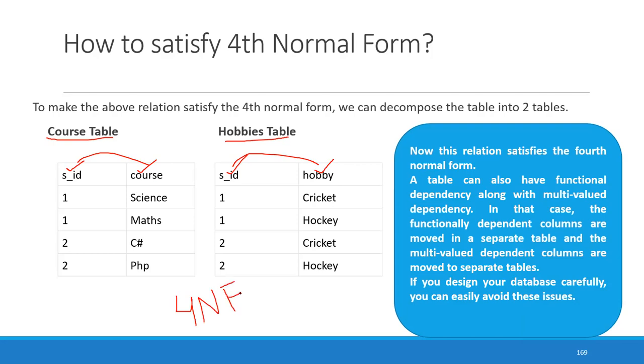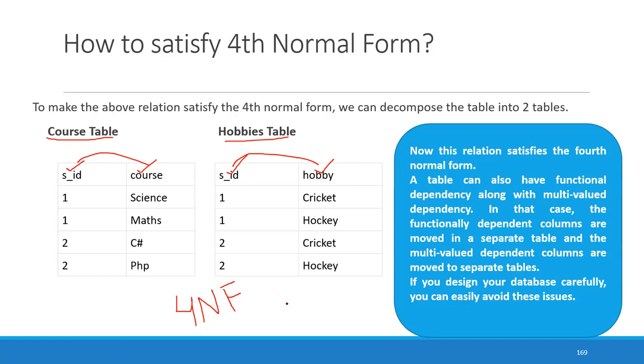We avoided it by decomposing the table into smaller tables. We moved the course column as a separate table and the hobby column as a separate table. This is the fourth normal form.